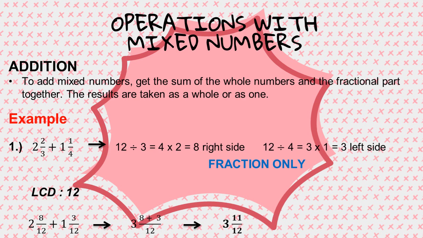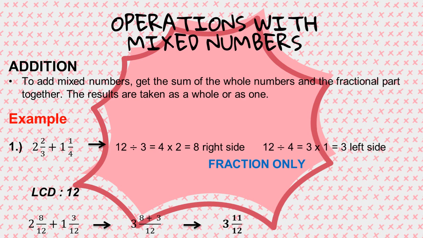So, for 2 and 2/3, we have 12 divided by 3 is 4, times 2 is 8. We affix the whole number 2. 1 and 1/4, 12 divided by 4 is 3, times 1 is 3 pa rin po. And then we affix the whole number 1. So, therefore, similar fractions na sila, pwede na natin i-add yung fractions kanina.